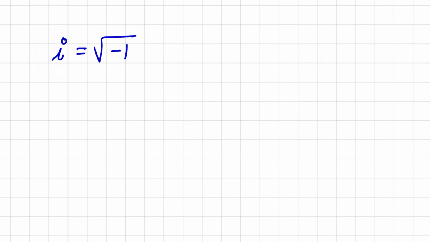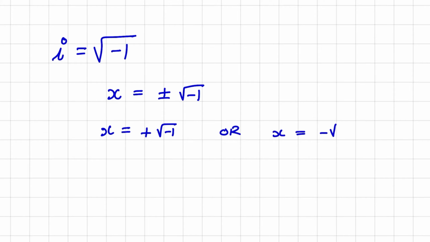So in our example, when we solved for x and said it's plus or minus the square root of negative 1, we effectively said that we have two possible solutions: x is equal to plus the square root of negative 1, or x is equal to negative the square root of negative 1. But the square root of negative 1 is the imaginary number i.